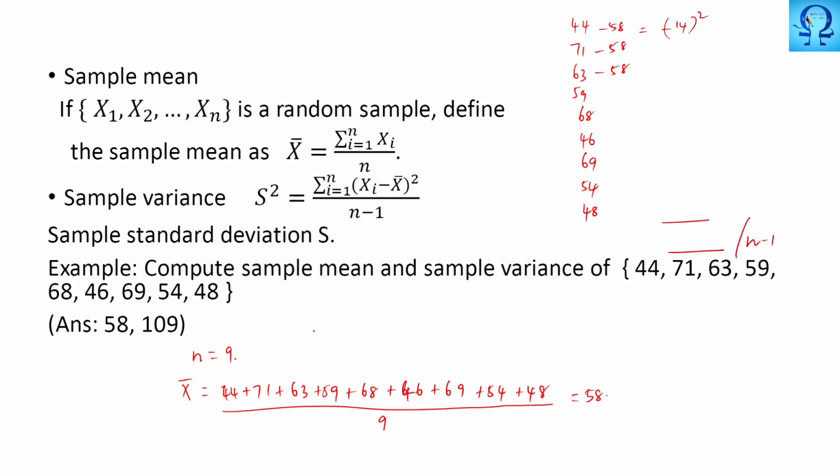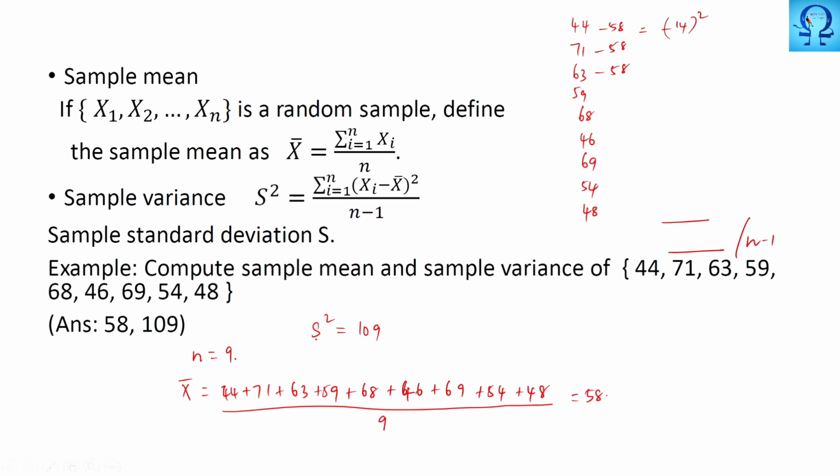That will give you 109. It is not denoted as sigma square here, it is denoted as s square. So from this you have calculated your x bar, and from all this calculation, you will have to find out your s square.